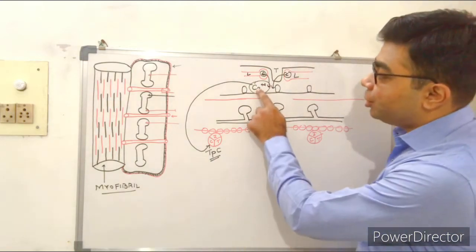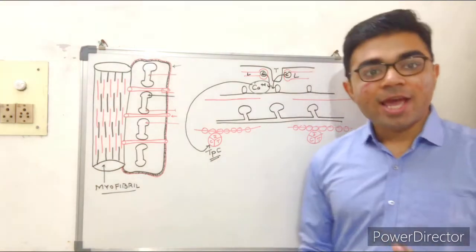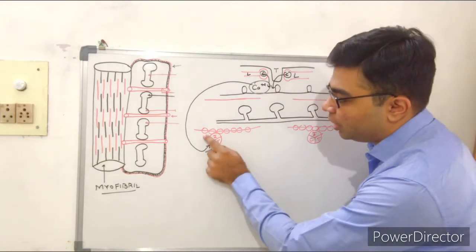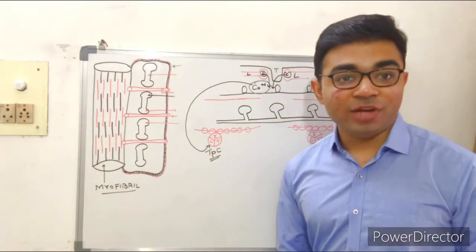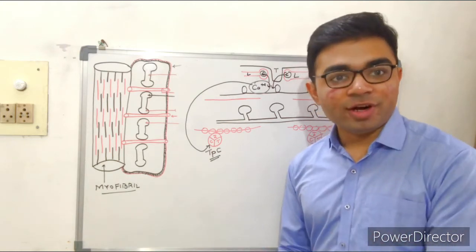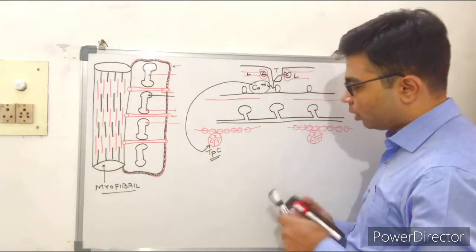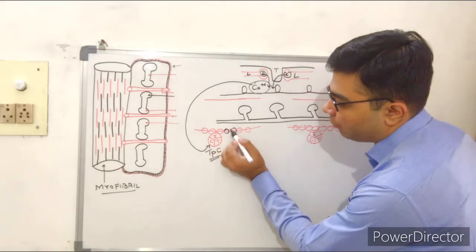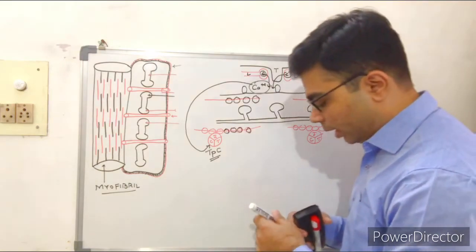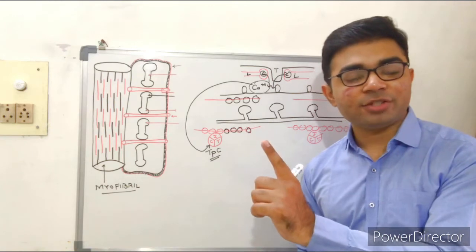Now, when the calcium ions are released from the cisternae, they bind with the troponin C, and structural changes take place. They change the shape of the actin filament, and the active site of the F-actin will be uncovered from the tropomyosin. So now we have an exposed F-actin site. Similarly, this is going to happen over here also. And the myosin head is already ready to bind with the active site of the F-actin.